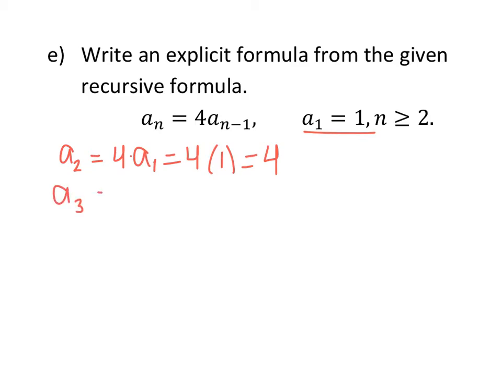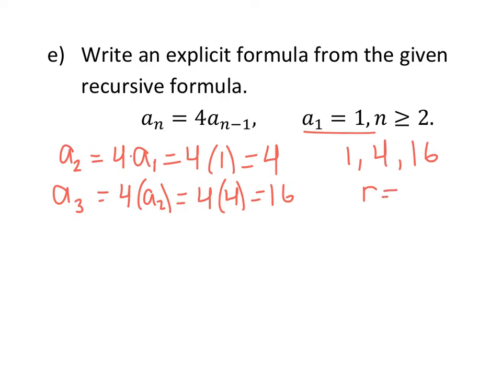To find the third term, it's 4 times my second term, which is 4 times 4, or 16. Making our sequence 1, 4, 16. It is quadrupling, so I know it's a geometric sequence with a common ratio of 4.